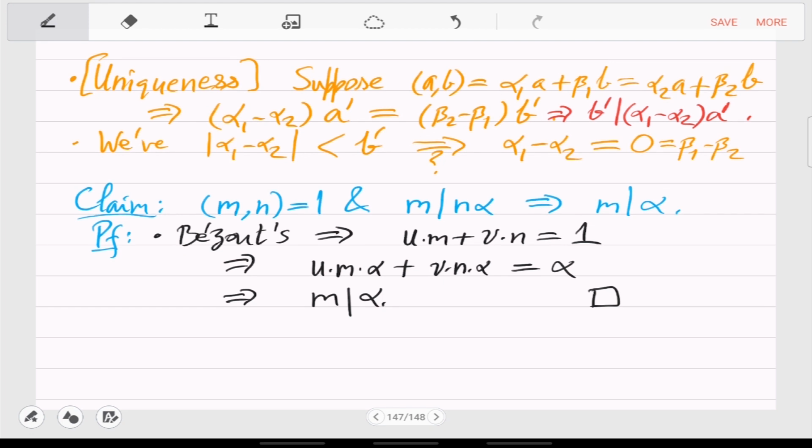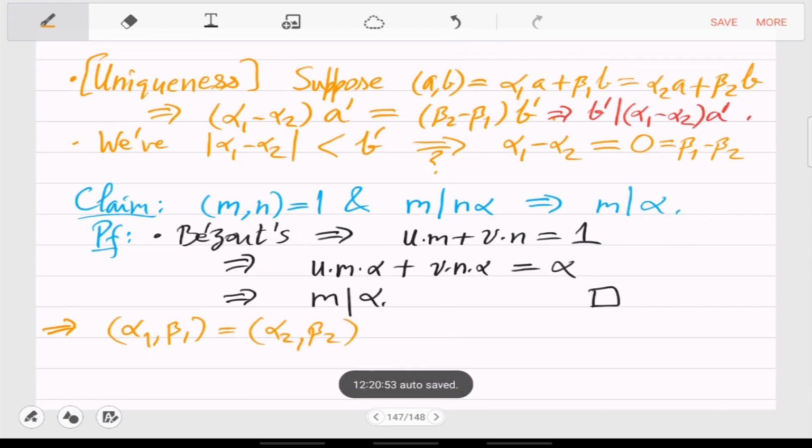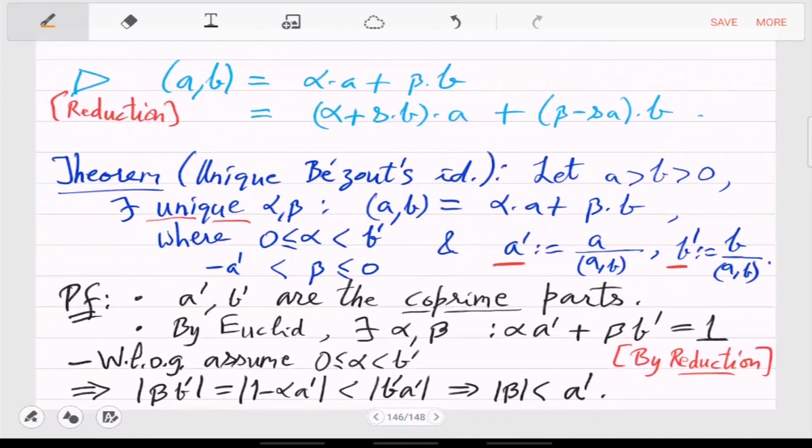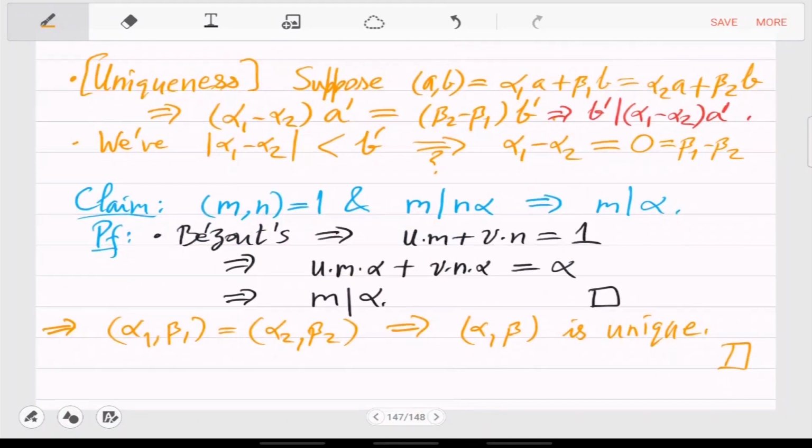So you can go back and deduce now that there is no other solution. Alpha, beta is unique. Okay, this finishes the proof of the uniqueness of Bezout identity. Any questions with this? Okay.